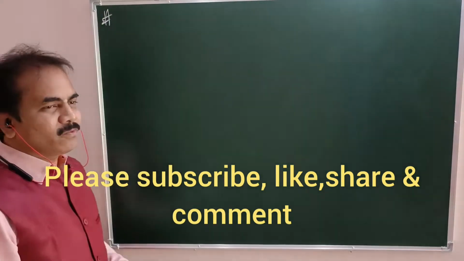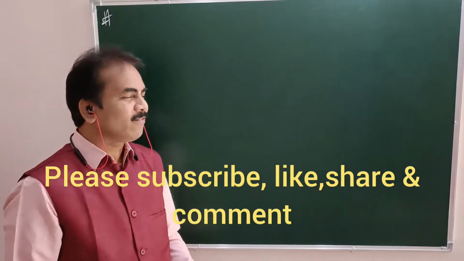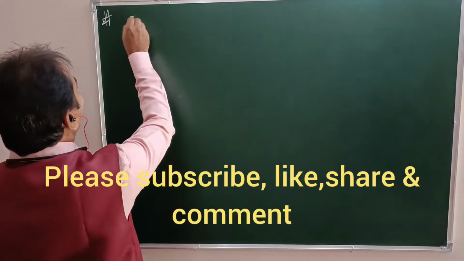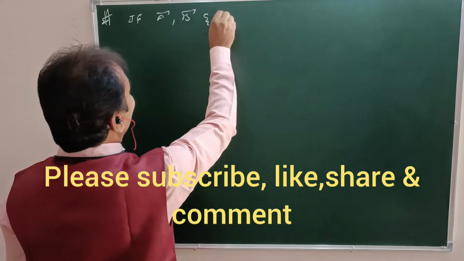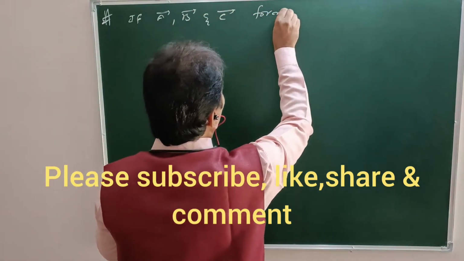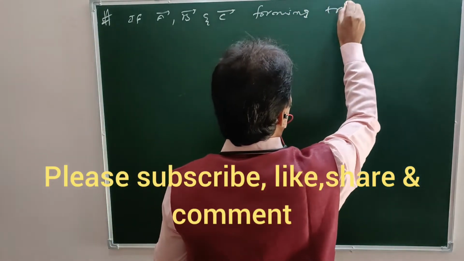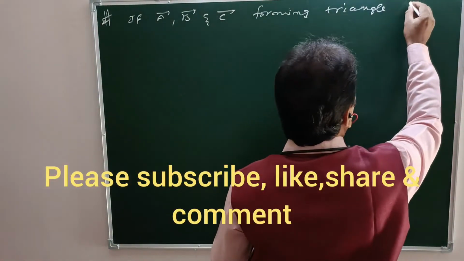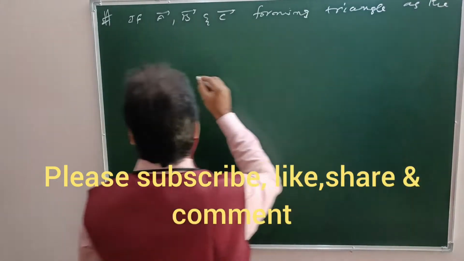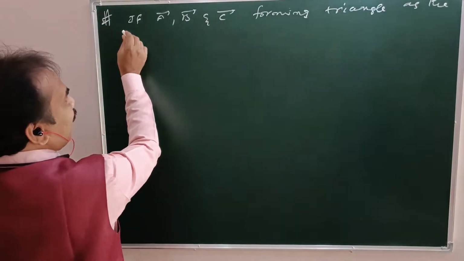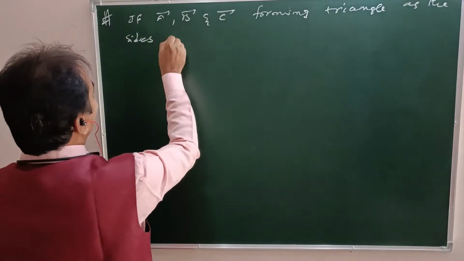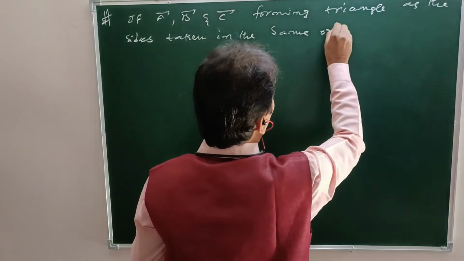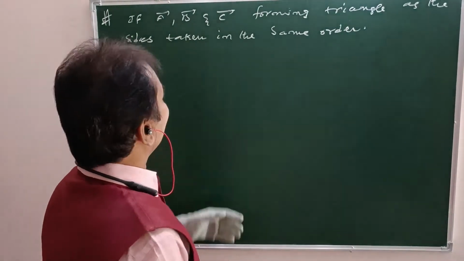Suppose we have three vectors A bar, B bar and C bar forming a triangle as the adjacent sides taken in the same order.